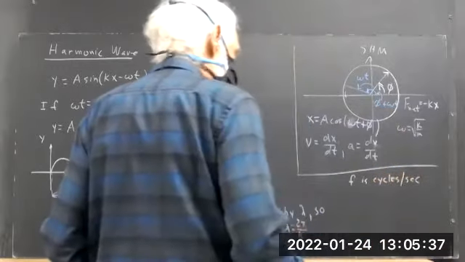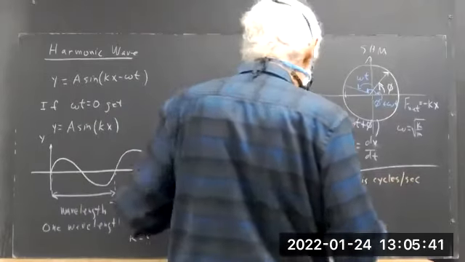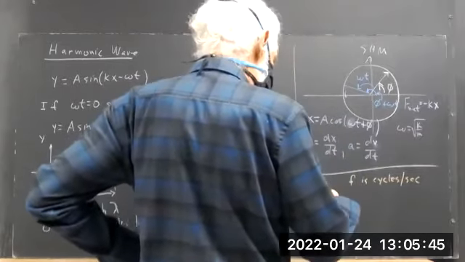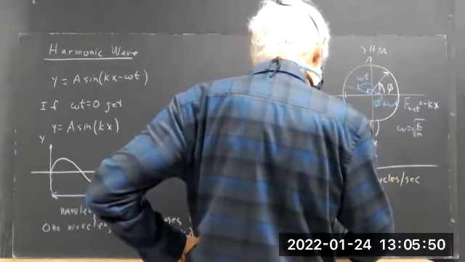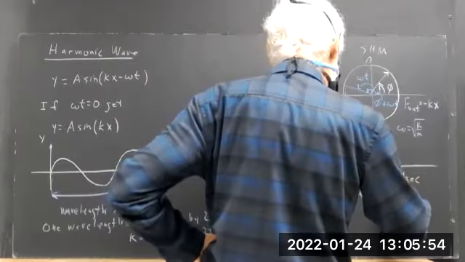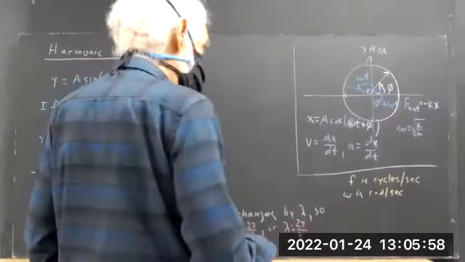Named after the man who studied sound waves, around 1800, I think, I don't know. So f is in cycles per second. Omega is radians. So you've got to think this. Okay.